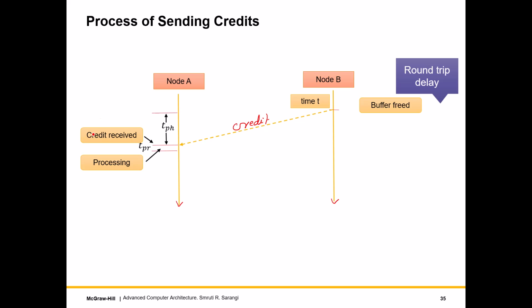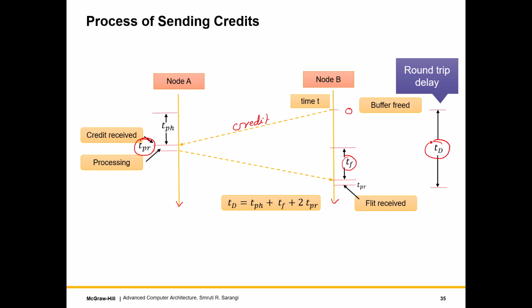As I said, the clocks are synchronized, and then this message gets processed, which is TPR. After that, a flit is sent. So this is the flit transmission delay, TF, which is again processed. So you think about it, at t equal to 0, if you decide that you have a free buffer, then by the time you send a credit, it is processed, and the flit comes back and that is processed, the total time is called TD, which we were discussing in the previous slide on terminology.